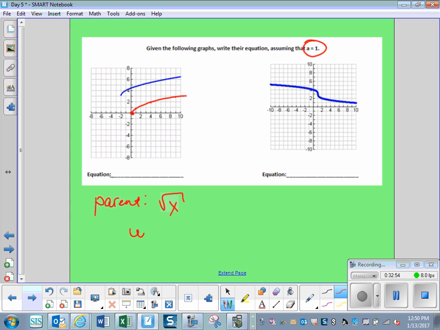So we have up 3, left, right? And we can determine this most easily by looking at the starting point. The starting point moved from 0, 0 to negative 2. So that would give you an idea of the transformations that happened. Correct?